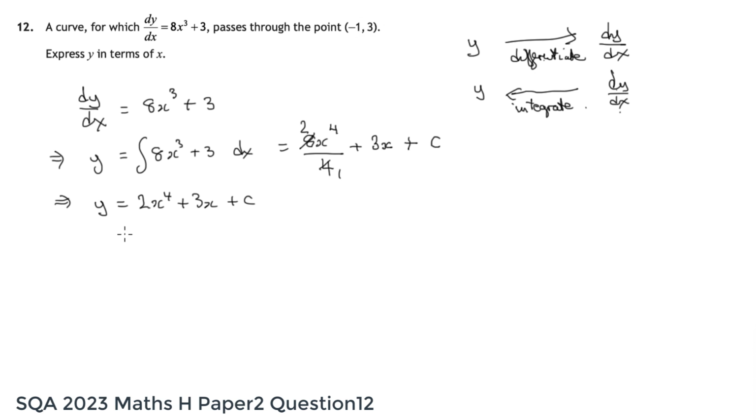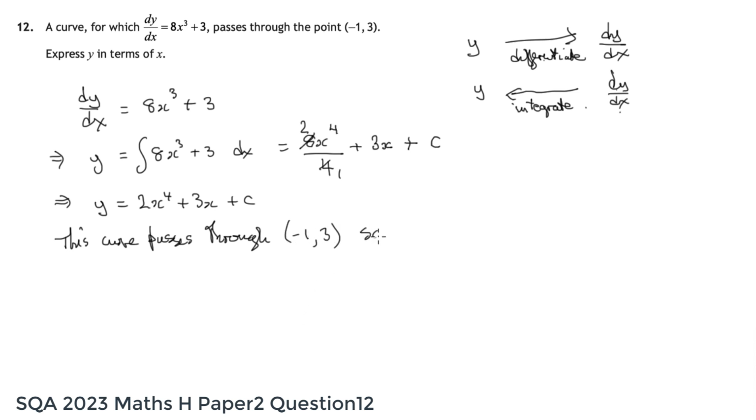So there's one particular curve that passes through the point negative 1, 3, and therefore we can home in on finding the value of c. Now let's write this down, that this curve passes through negative 1, 3.